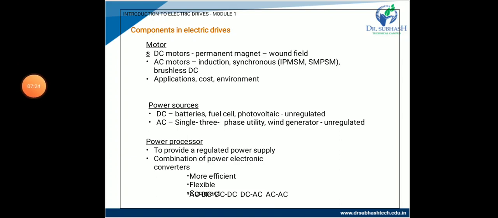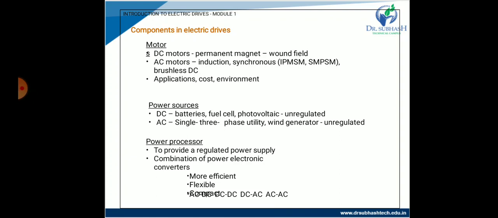For AC power sources, single phase AC power source, three phase power source, for phase utility, wind generator, unregulated. Power processor: to provide a regulated power supply, a combination of power electronics converters, more efficient, flexible, compact, AC to DC, DC to DC, or AC to AC and DC to AC.